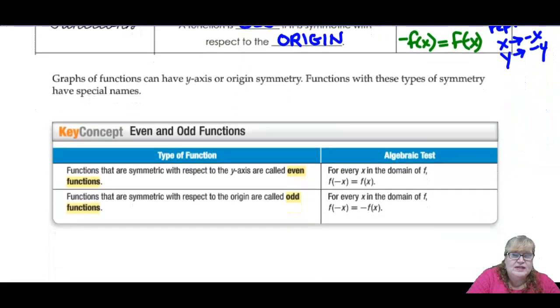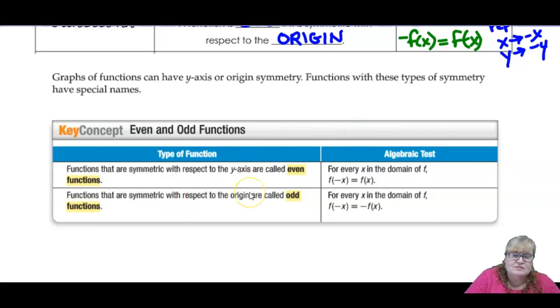All right, so normally what we need to do is just graph these. Sometimes it's hard to tell by the graph. I'm going to give you a tiny little hint in a minute when we look at the functions. It most often has to do with the exponent values, all right? Y-axis symmetry can be things like this or things like this. Oh, that's horrible. I can't sketch. And these are things that have even exponent powers.